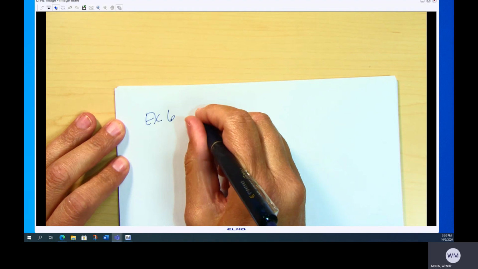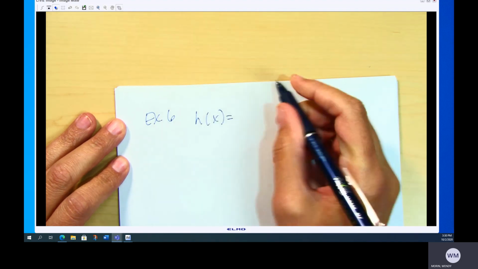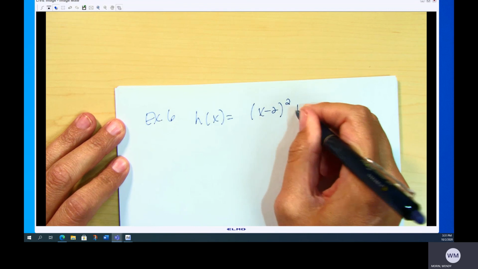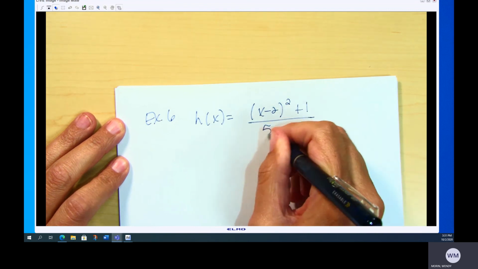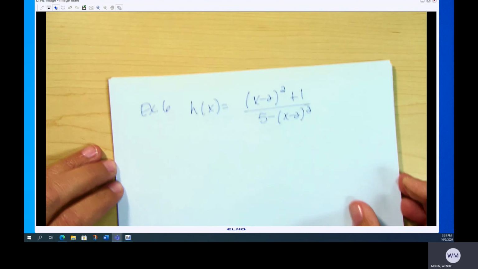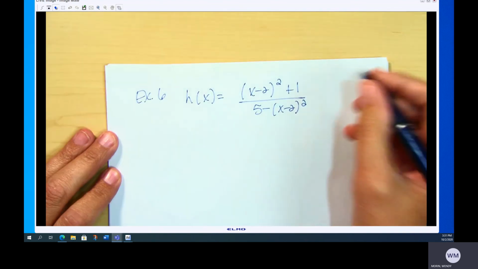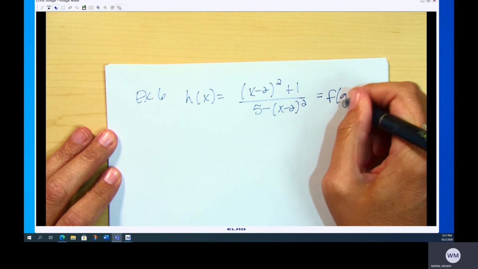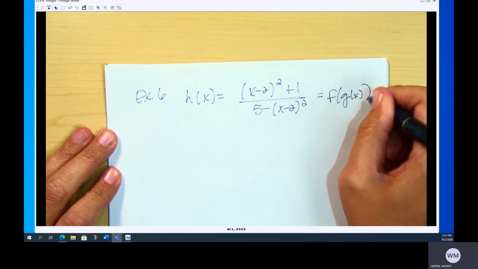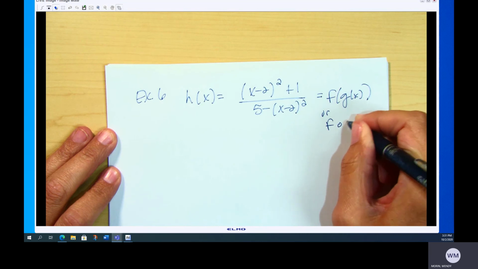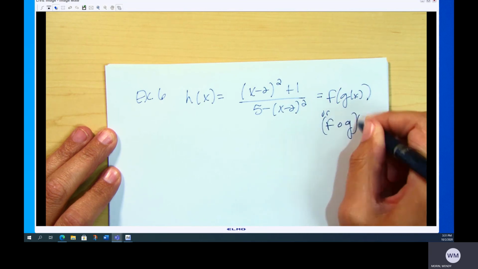All right, one more. Let's say that our composition, our end result, was x minus 2, the quantity squared, plus 1, all over 5 minus x minus 2, the quantity squared. Okay, and that was a result of f of g of x. Or again, notation, f of g of x.